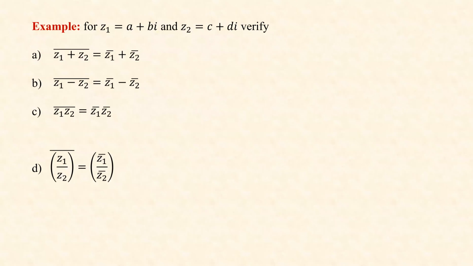So here, if Z1 is A plus BI in general, and Z2 is C plus DI, we want to verify these things that we said. So you can do some for yourselves. I may do this part C as an example.